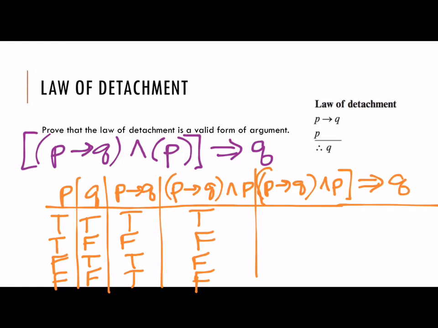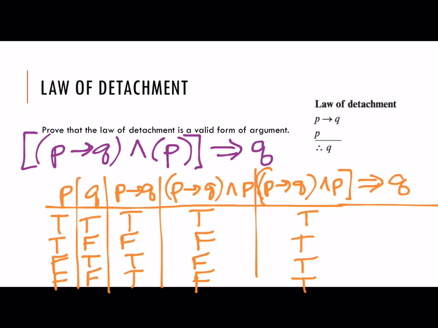Okay, and then finally, does that column, if that, then Q, follow the rules for conditional. So if true, then true is true. If false, then false is true. Okay, if false, then true, that's true. And if false, then false, that's true as well.